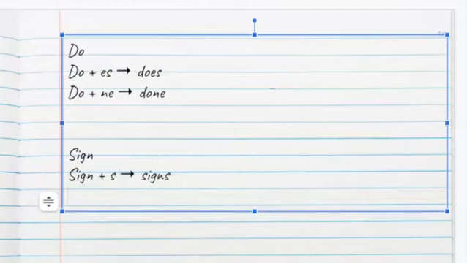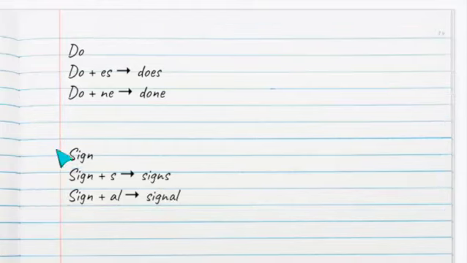But if I have the word signal, which is part of the family, sign plus AL is rewritten as signal, signal. So the pronunciation has changed, even though it's part of what we would call the sign family. So they're related in spelling and meaning, but the pronunciation is changing as we add on different morphemes.